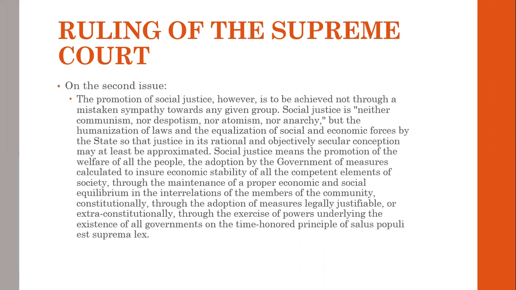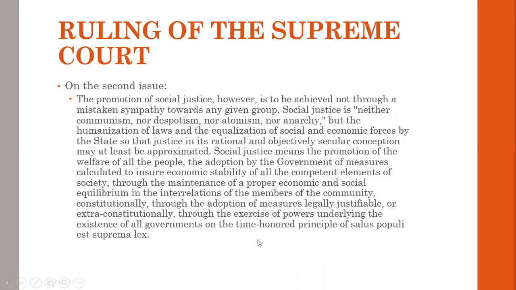Social justice means the promotion of the welfare of all the people, the adoption by the government of measures calculated to ensure economic stability of all the component elements of society through the maintenance of a proper economic and social equilibrium in the interrelations of the members of the community, constitutionally through the adoption of measures legally justifiable, or extra-constitutionally through the exercise of powers underlying the existence of all governments on the time-honored principle of salus populi est suprema lex.